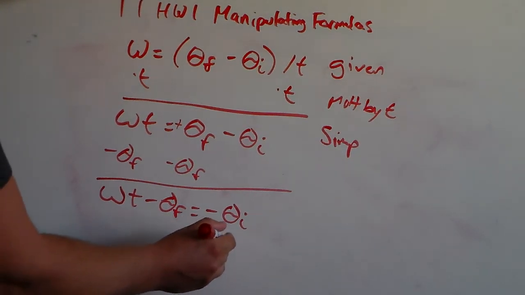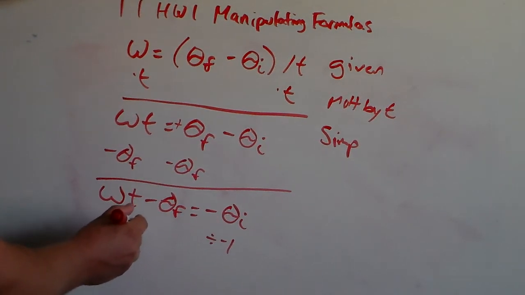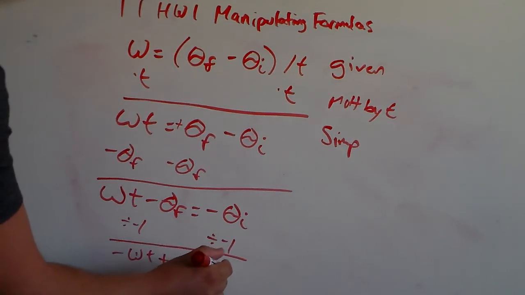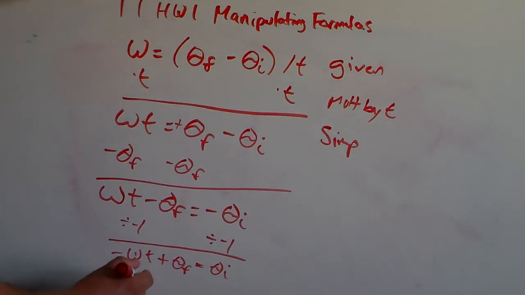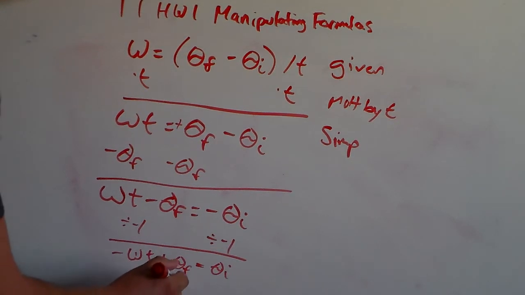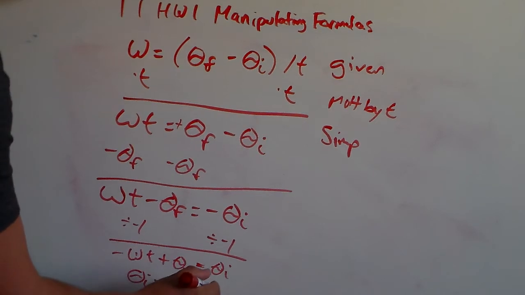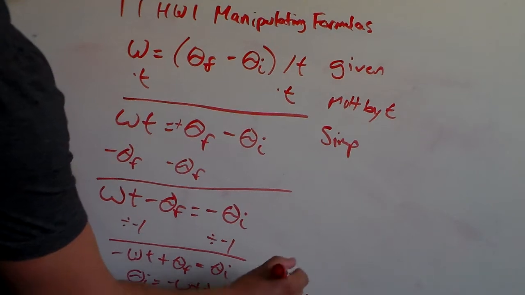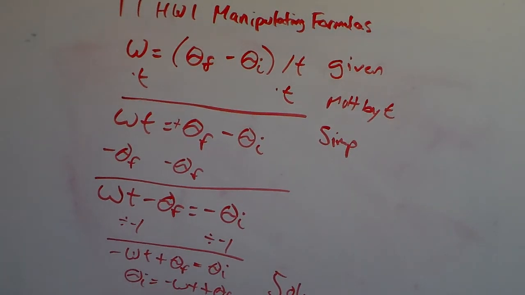Well, we could do that by dividing by negative 1 to both sides. So we get negative wt plus theta F equals theta I. Or aka theta I equals negative wt plus theta F. And that's our solution. That's number 4. You're going to do number 5 on your own.